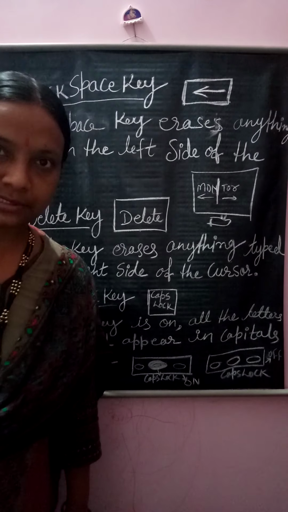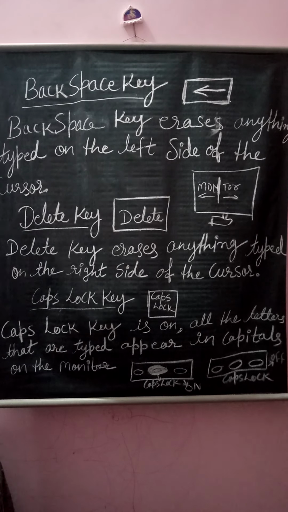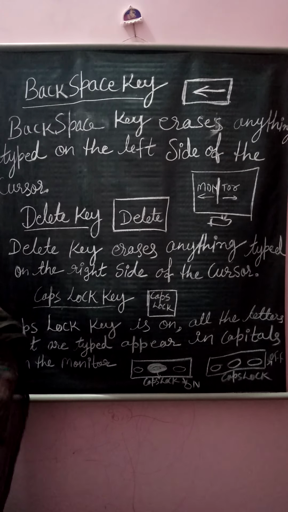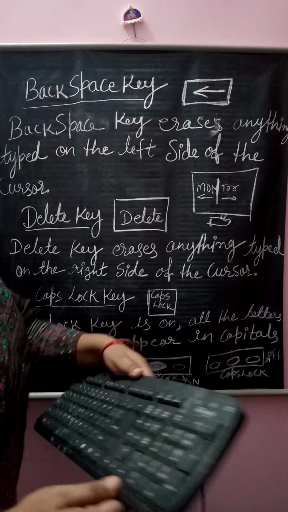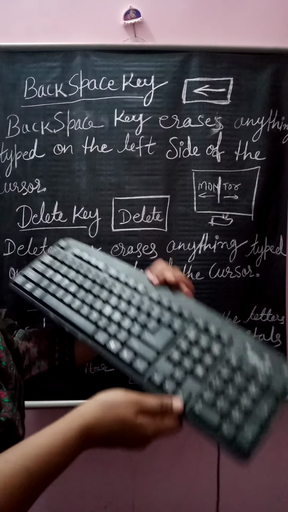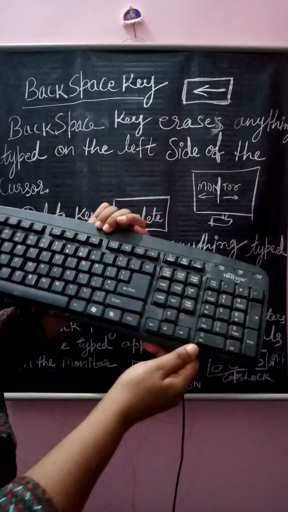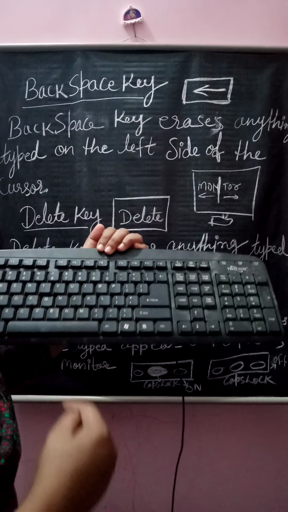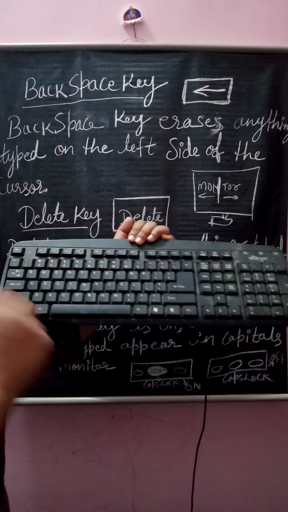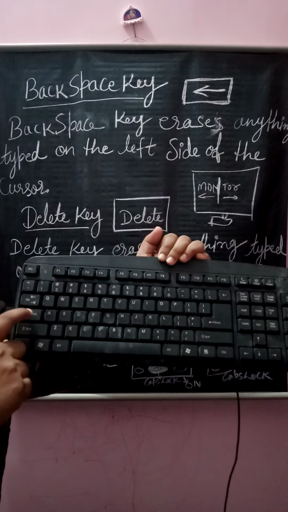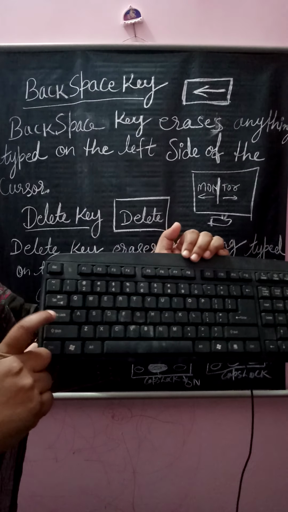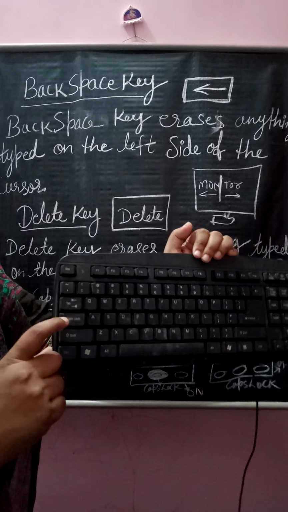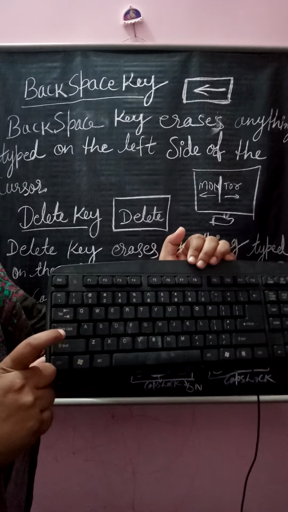Now I am showing you the caps lock on the keyboard. Just see, this is your capital keyboard, and where is your caps lock? Just see here. You're getting it? Okay, this one is your caps lock.